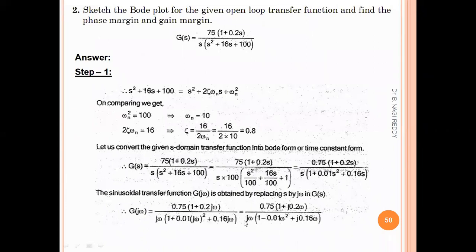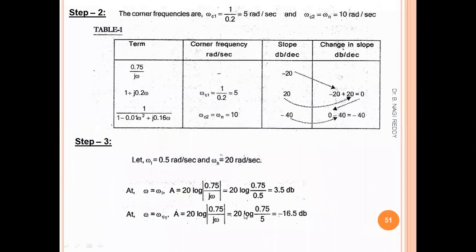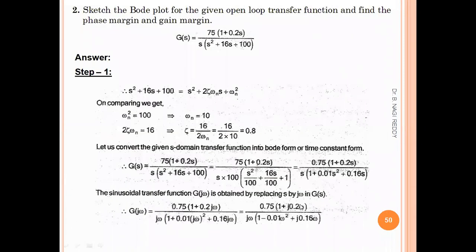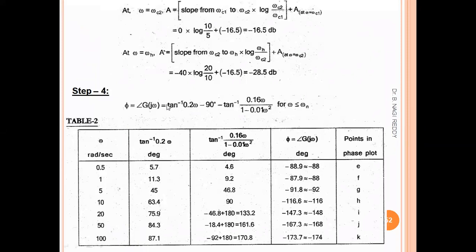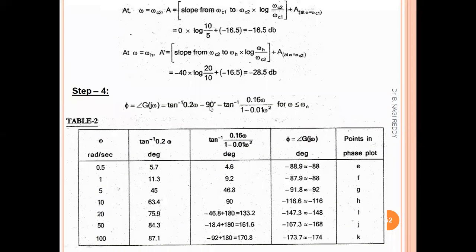See here in this transfer function, the denominator, the j omega determines the angle as minus 90, and the tan inverse 0.2 is the positive value that can be taken from the numerator. So this is numerator, that's why this tan inverse 0.2 is positive. So minus 90 is for j omega. J represents 90 degrees, which is in the denominator. So that's why we have to take minus 90.